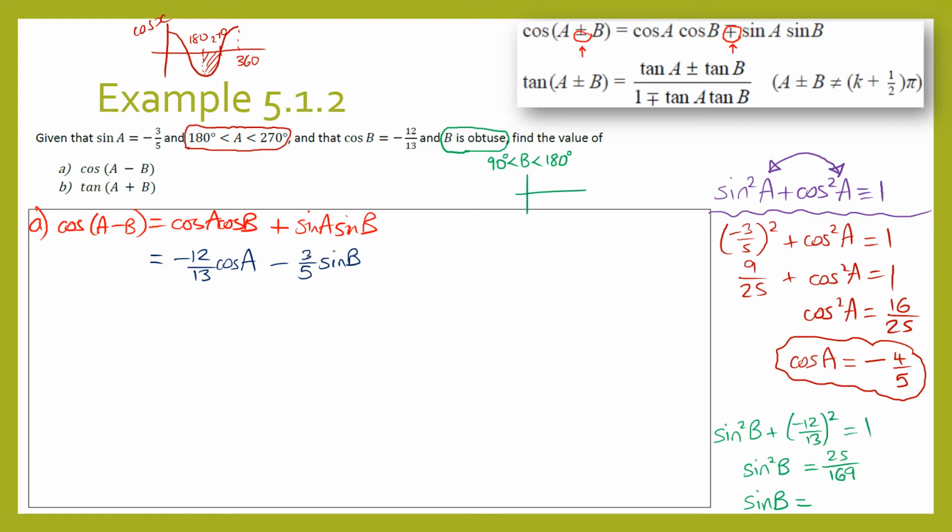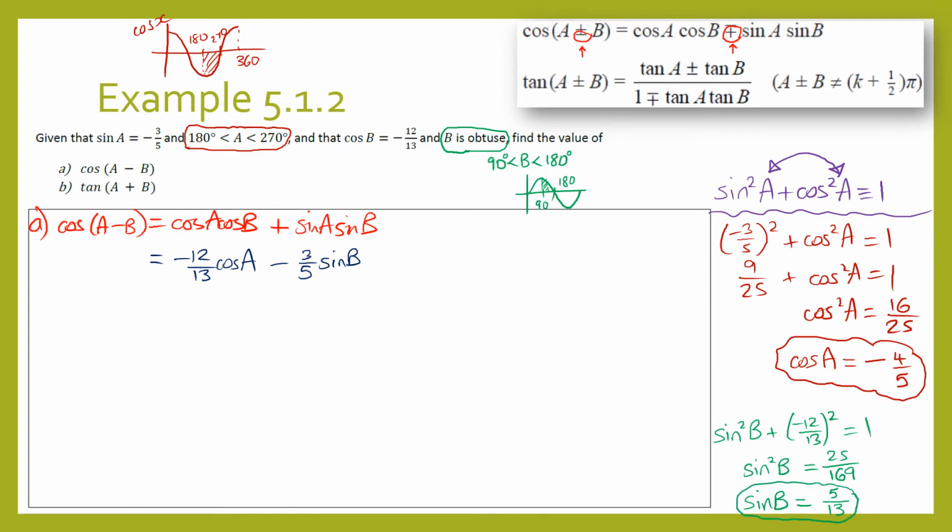So the sine graph, there's 90, there's 180. Between 90 and 180, sine B is positive. So this time we want the positive square root. So sine B is positive 5 over 13.